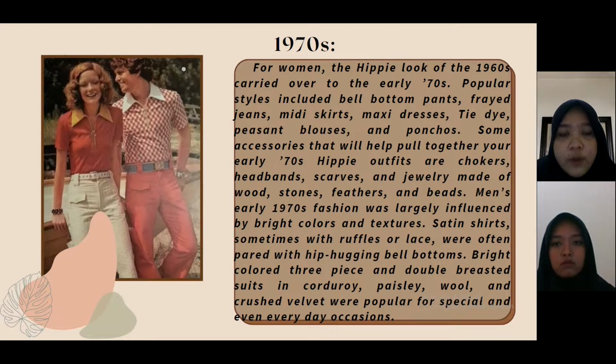For women, the hippie look of the 1960s carried over to the early 70s. Popular styles included bell-bottom pants, gray jeans, midi skirts, maxi dresses, tie-dye, peasant blouses, and ponchos. Men's early 70s fashion was largely influenced by bright colors and textures.